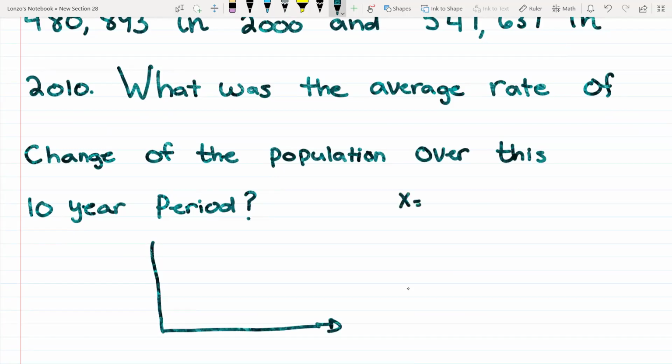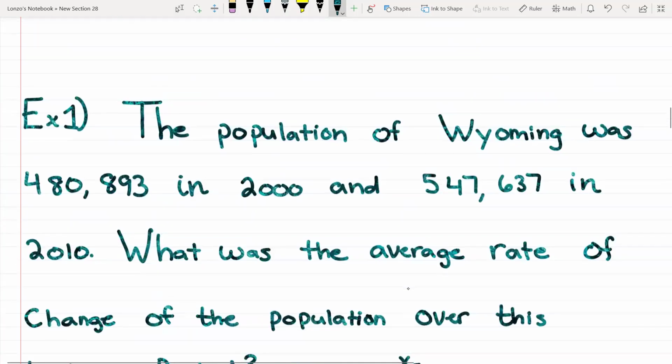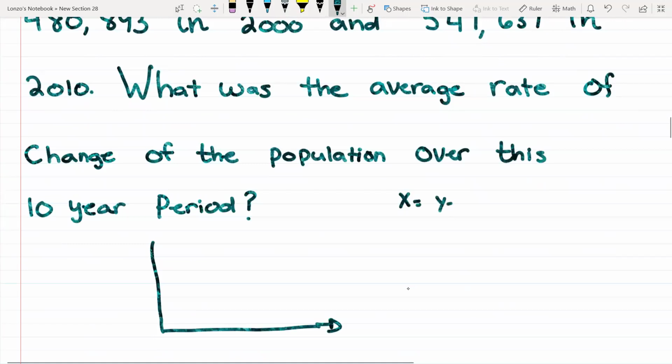We should figure out what our variable is. Our x would be, I think most appropriately, the year. And then y could be the population, right?